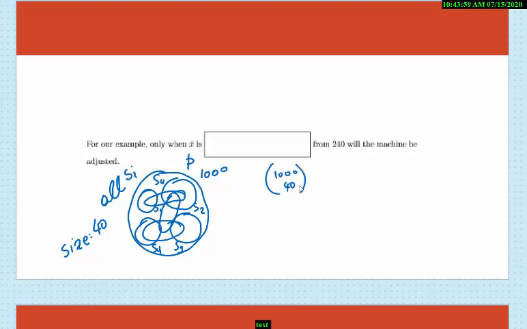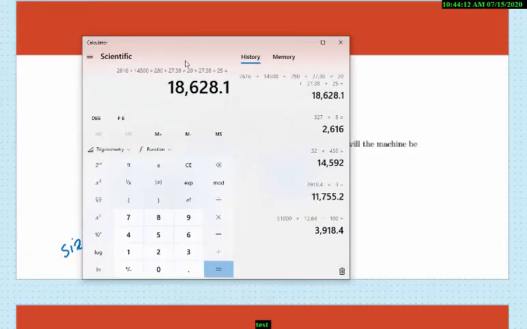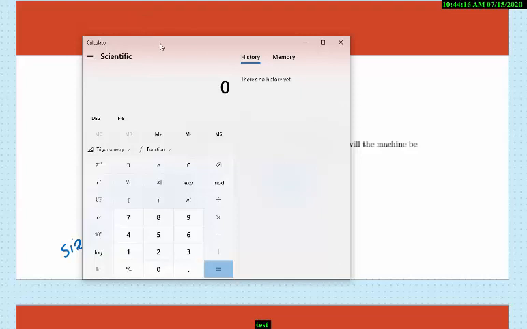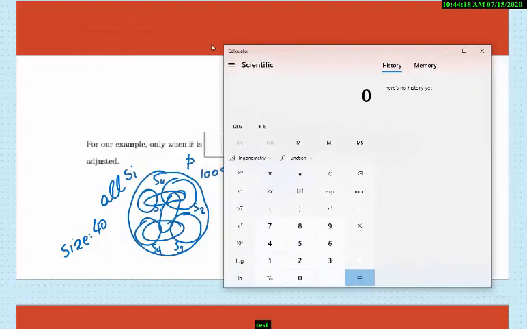If you want to calculate that, you can, and we may want to calculate it so you can see that from a population of a total of 1,000 data points, we go to a population of what? Well, let's see. We are going to a population of 1,000 choose 40 points.